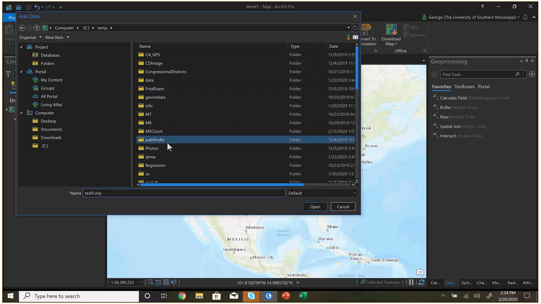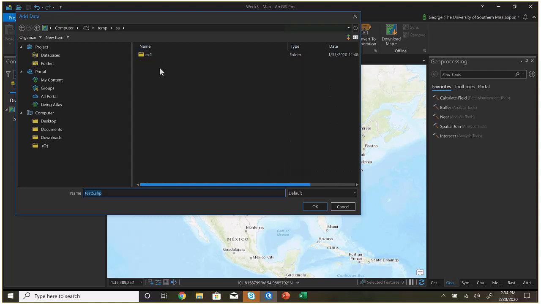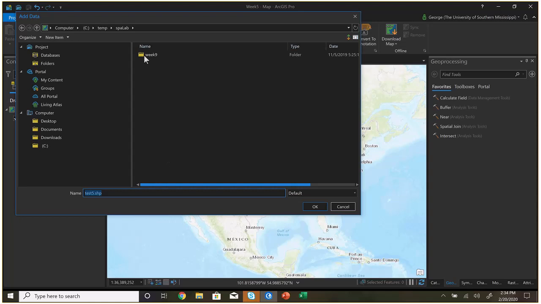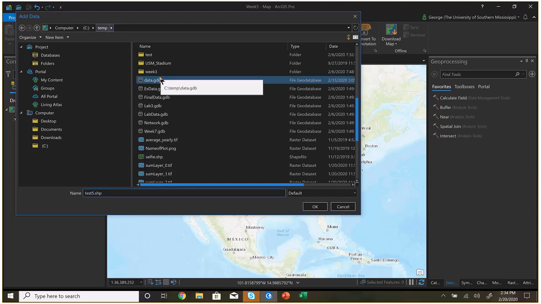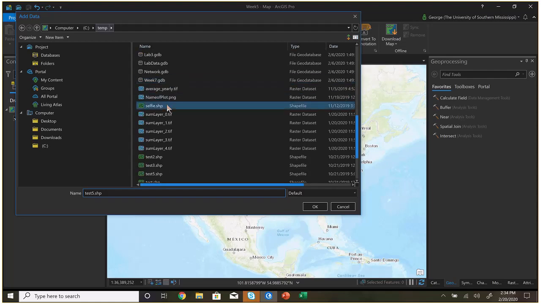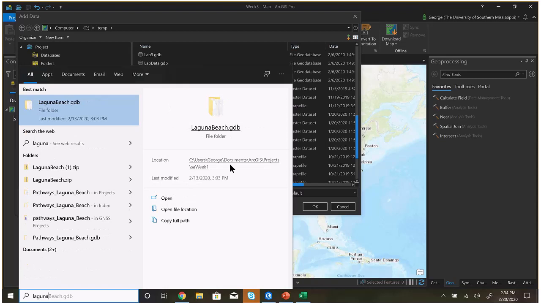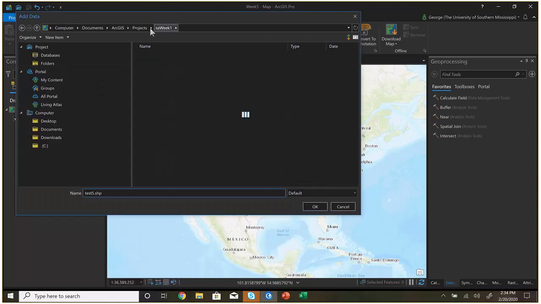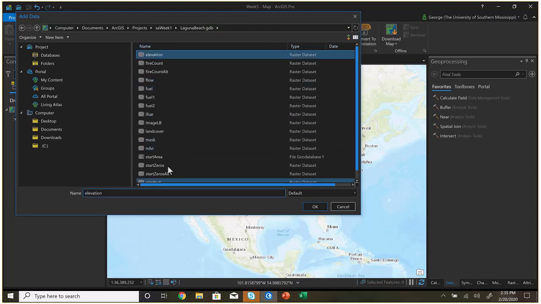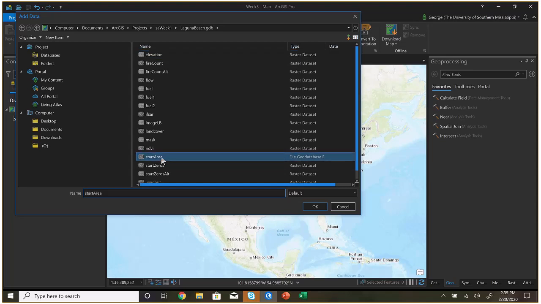Maybe it's in week. Is where I have it. I should write that down. So I'm going to take my elevation data set, and I'm going to start my start area.